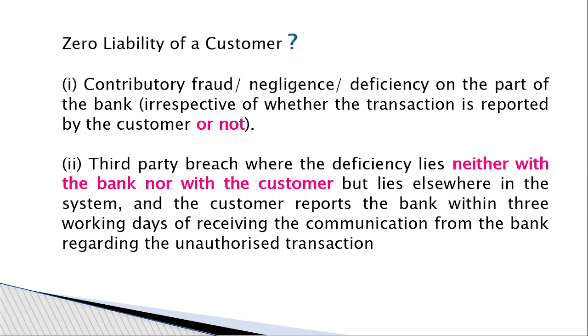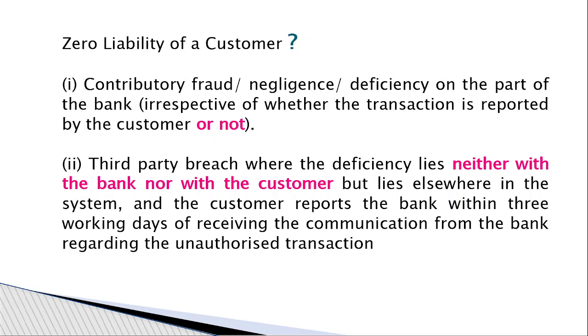Okay. Second point, third party breach, where the deficiency lies neither with the bank nor with the customer. For example, nowadays banks are hiring a lot of third party organizations for back end operations. In a few situations, data will be given to the third party organizations. So there is no negligence on the bank's part nor the customer's, but there was an unauthorized transaction, and the fault lies elsewhere in the system.